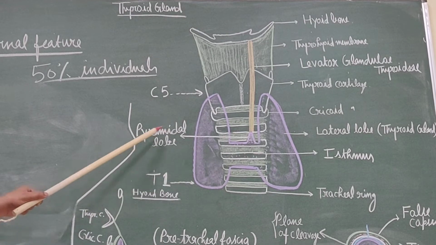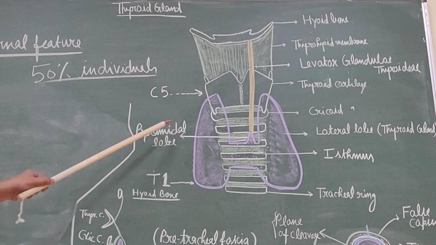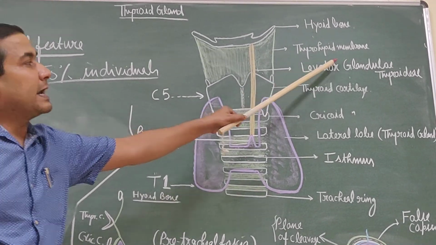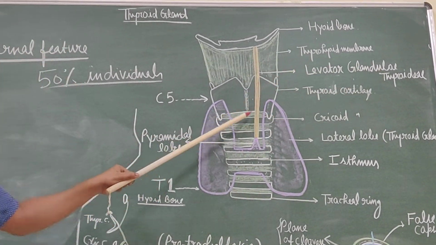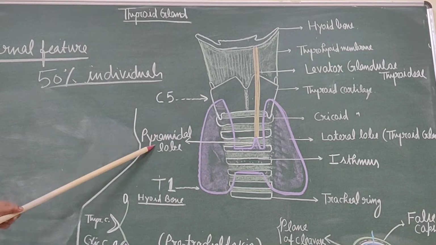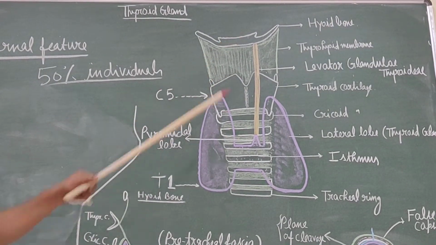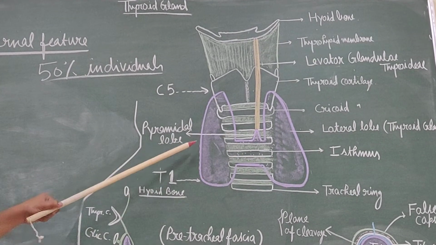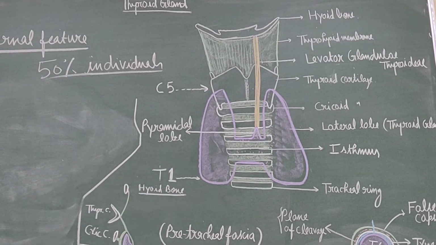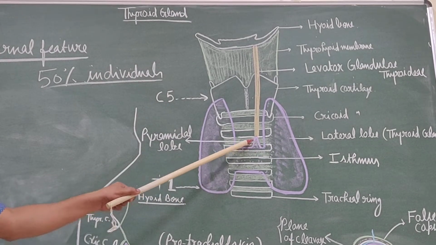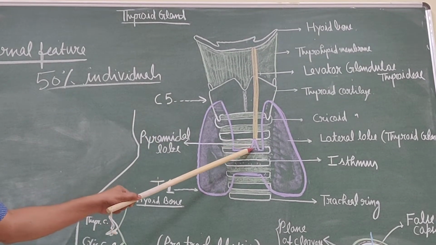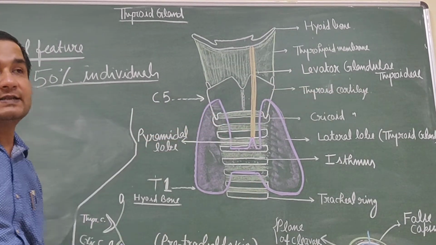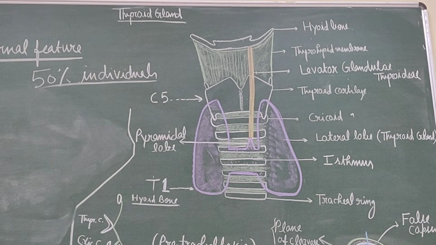A fibromuscular band, known as the levator glandulae thyroideae, connects the apex of this pyramidal lobe with the hyoid bone. So the thyroid gland usually has two lateral lobes connected by the isthmus, and from the isthmus a small lobe, the pyramidal lobe, projects above and is connected with the hyoid bone through the fibromuscular band, the levator glandulae thyroideae.